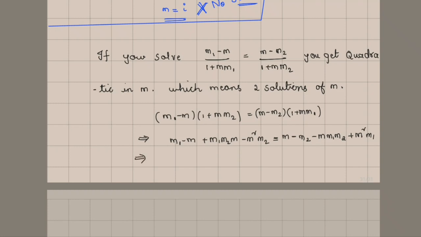If you take m squares and m to the other side, you get m square into m1 plus m2, minus m into the other terms.